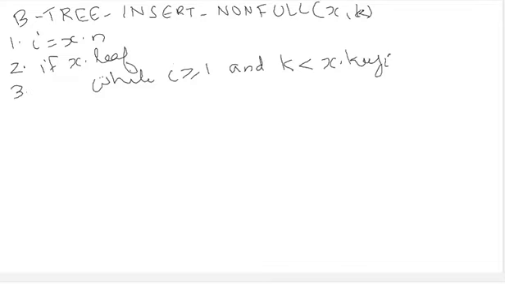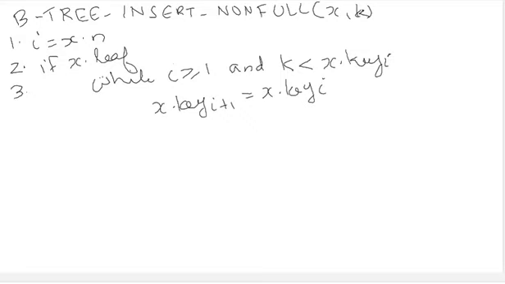So this key value is shifted one position to its right. That is the fourth step. Then the fifth step is to decrement i, that is i = i - 1. So we will keep on doing like this.